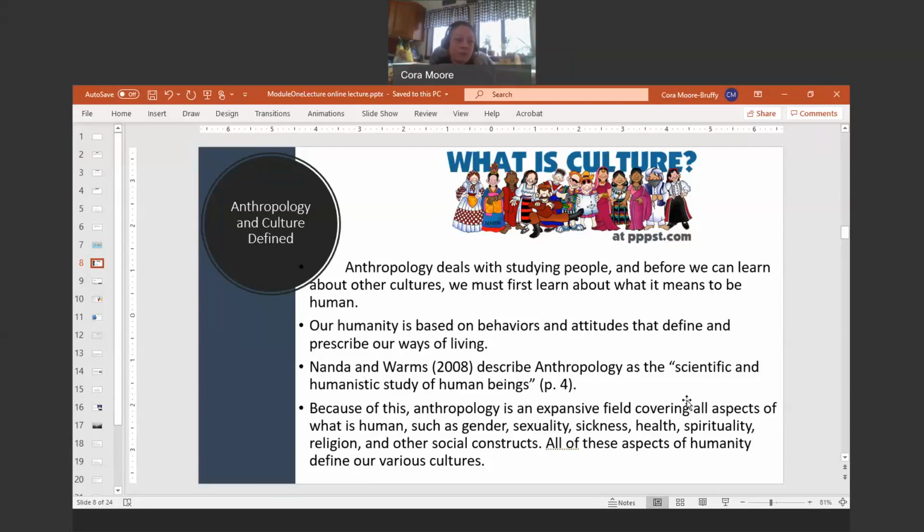How do we view the relationship of us to the outer world, as in the natural world, how we relate to animals, how we relate to each other, social constructs, spiritual religion, anything you can think of that makes us human is covered and talked about in anthropology. Even the most taboo of subjects, things like incest, things like cannibalism, things like infanticide, we cover all of it.